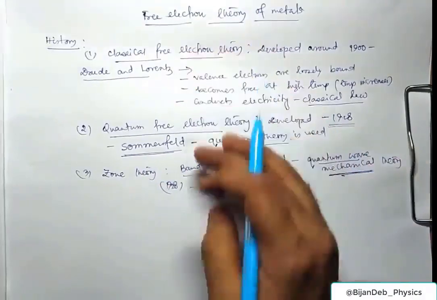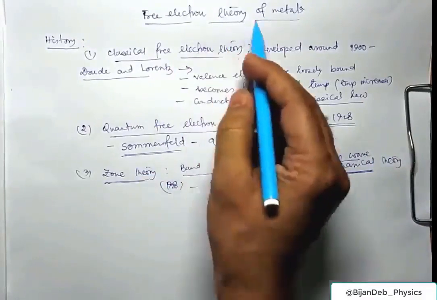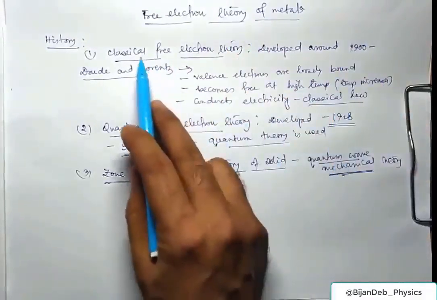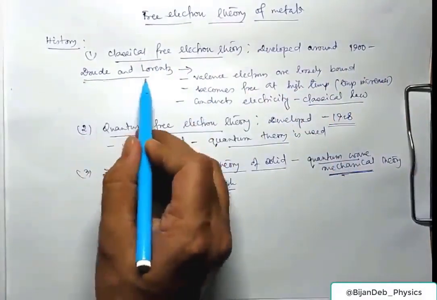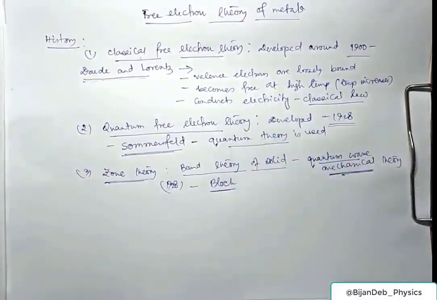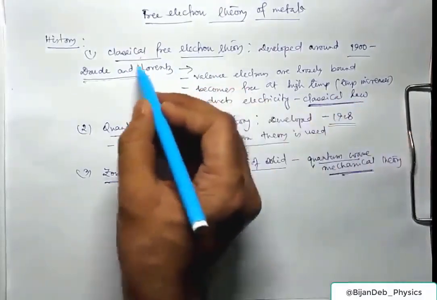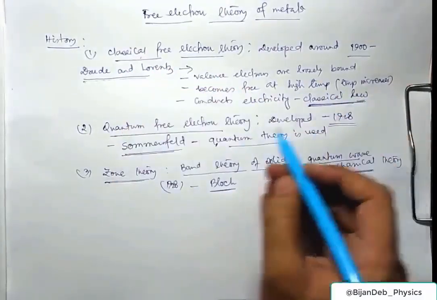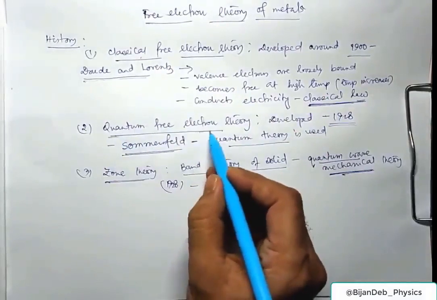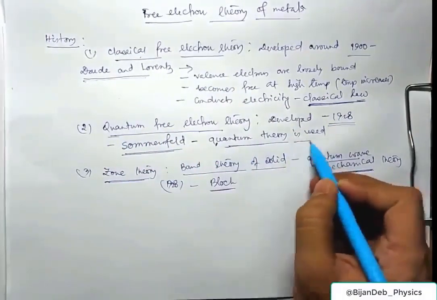So this is the history of progress in electron conduction in metals or solids. We have the classical free electron theory developed by Drude and Lorentz around 1900, which considered the valence electrons to become free at ordinary or high temperature and conduct electricity. The main concept is that the electrons are free, that's why free electron, and they follow classical law. Then quantum theory comes into play, and Sommerfeld used it to describe electron conduction.